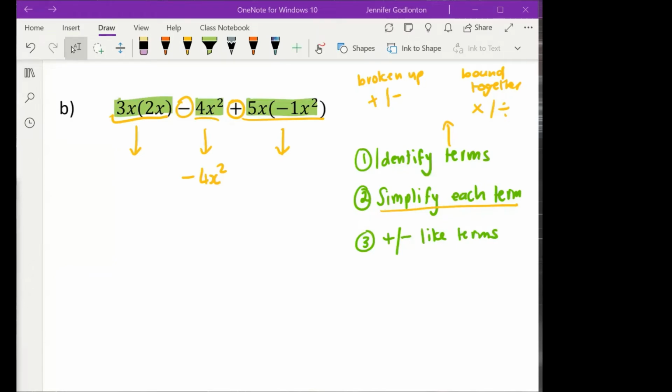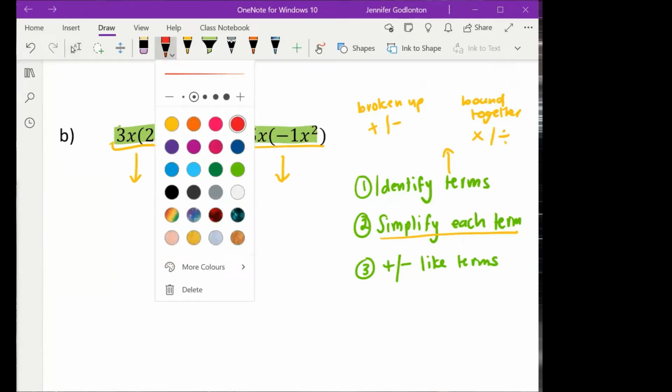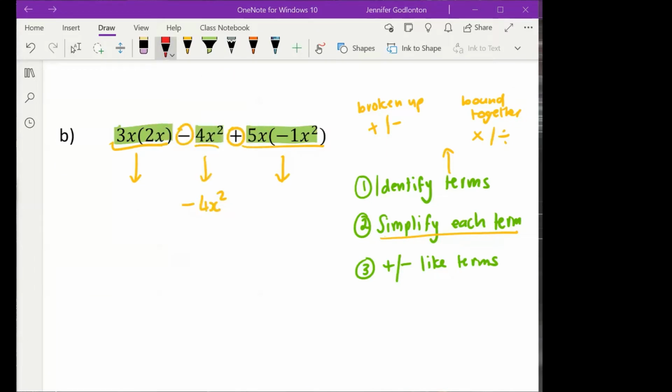Okay, great. So this next step, Nakabonga, that's beautiful. Our next step over here is we have 3x times 2x. And this is when we think about those three little letters we spoke about ages ago, where we do signs, numbers, variables. Our signs: we've got 2 positives, which gives us a positive.